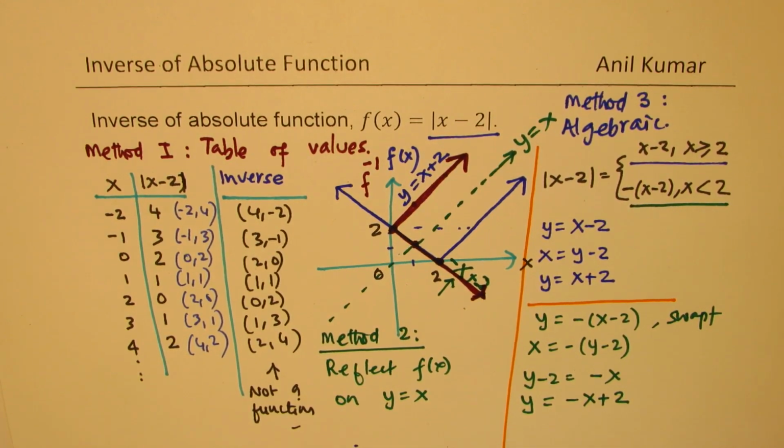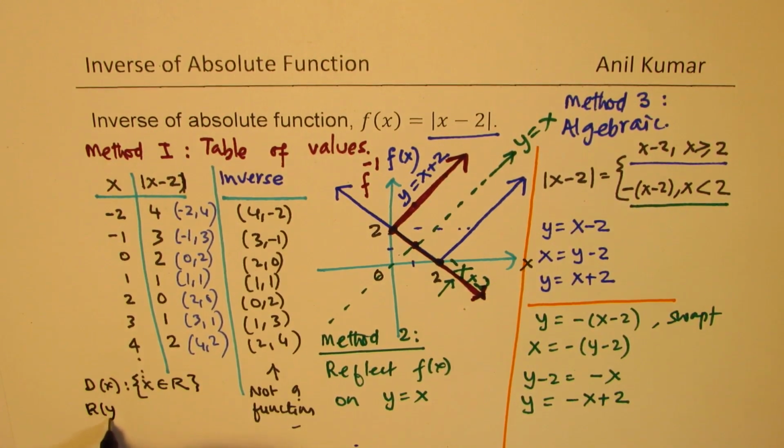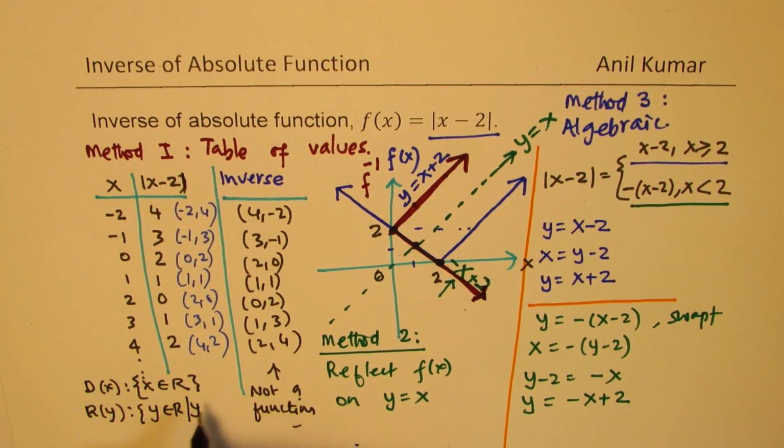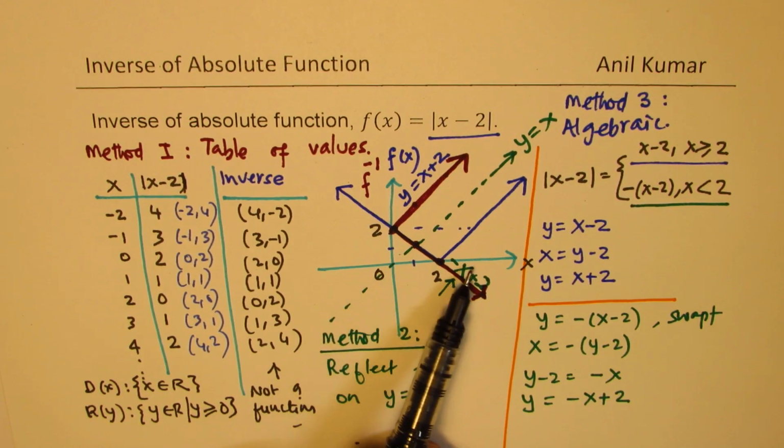Now, it is important to understand domain and range. As far as the function is concerned, the domain is x belongs to real numbers. As far as the range is concerned, y belongs to real numbers, however y is greater than or equal to 0. In this particular case, when we are talking about the inverse, what we notice is that the domain is now restricted to x greater than or equal to 0, and y belongs to real numbers, right?